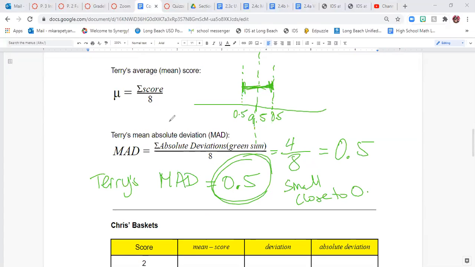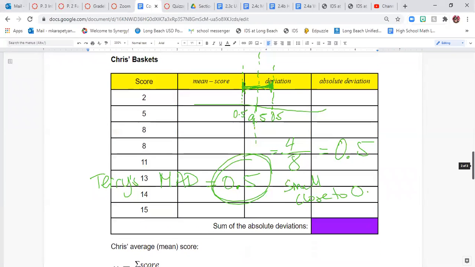So we're going to compare this MAD to Chris's MAD now. For the next 6 minutes, you are going to calculate the MAD, the mean absolute deviation, for Chris.